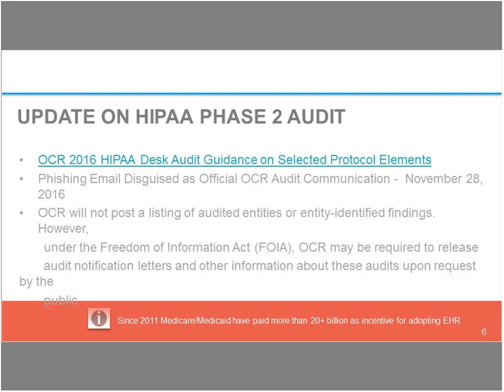So about 200 or so organizations have been selected for the phase 2 audit, and if you look at the percentage of entities selected in the whole realm of this HIPAA requirement, it's a very, very small percentage.